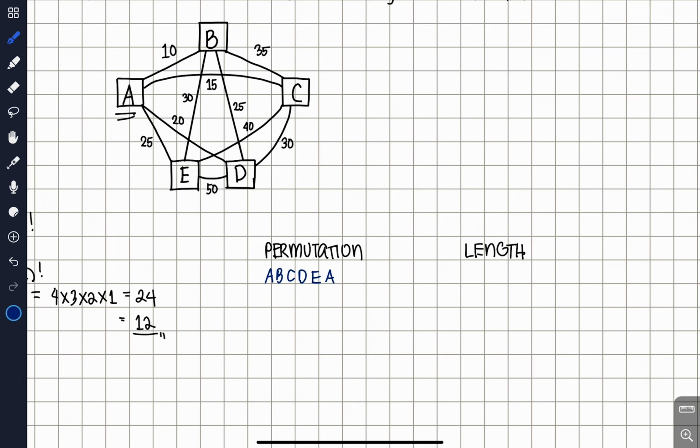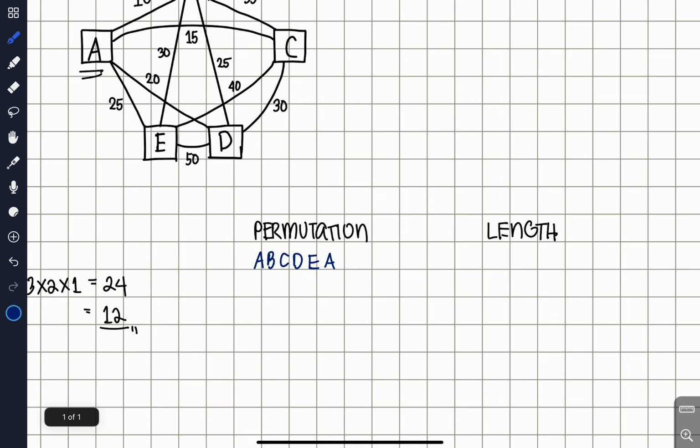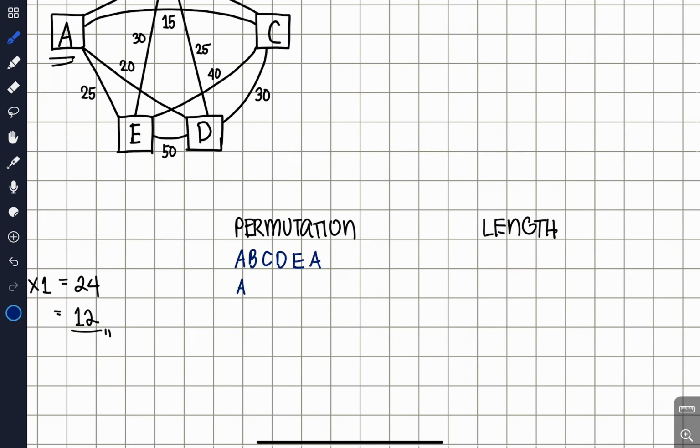So you cannot go to each vertex twice or more. So for our first, we have A, B, C, D, E, A. Second is A, C, D, E, B, A.